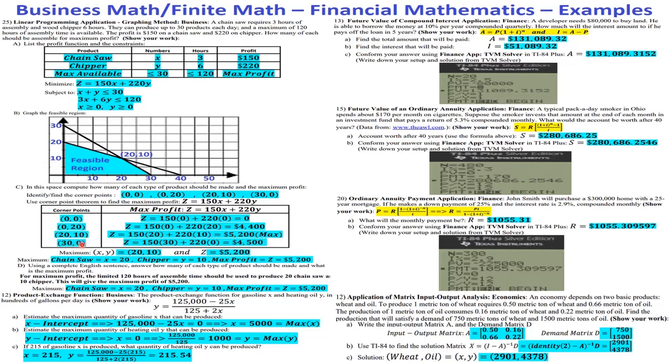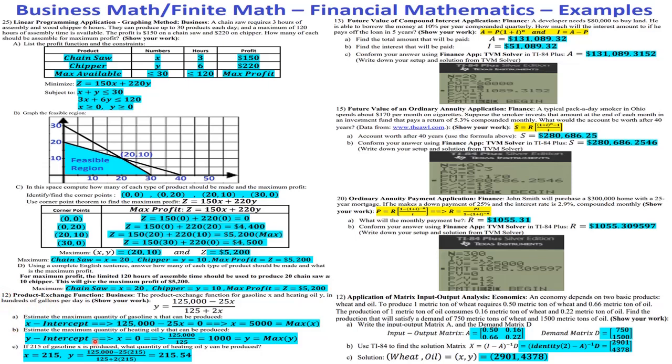When you plug in 30, 0, you will end up with 4,500. That means the maximum you will get is 5,200, and that is when x equals 20, which is chainsaw, and chipper is 10, which is y. Okay.